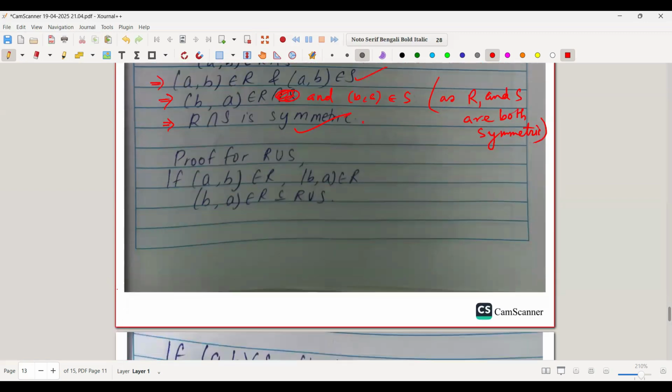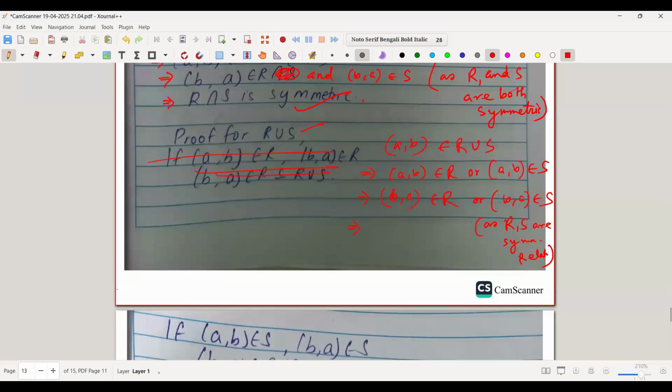R union S, proof for R union S. Let (a, b) belong to R union S. That implies (a, b) belongs to R or (a, b) belongs to S. That implies (b, a) belongs to R or (b, a) belongs to S. Because, on the right hand side you should write R, S are symmetric relations.